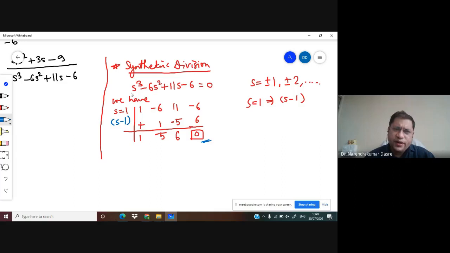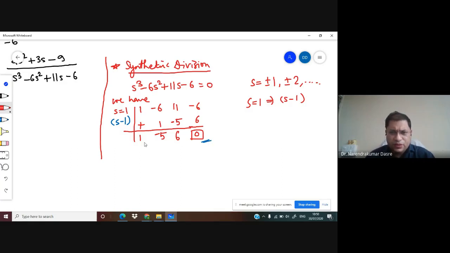So we got our first factor, that is s minus 1. Now, if I divide this polynomial by this factor s minus 1, then we have to find what will be the remaining. So the remaining is obtained from here. How to write the remaining polynomial?